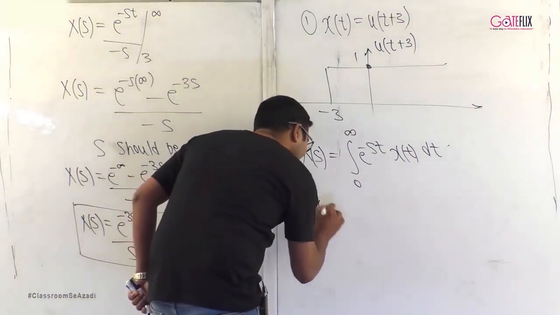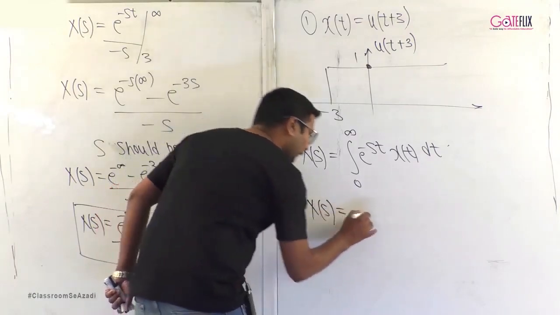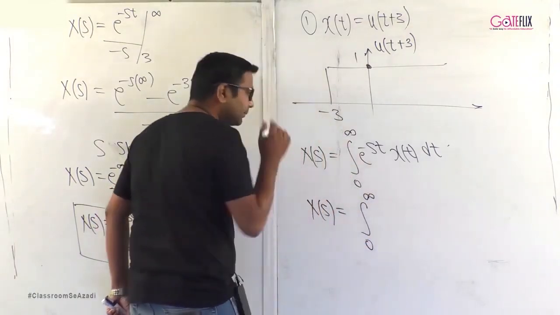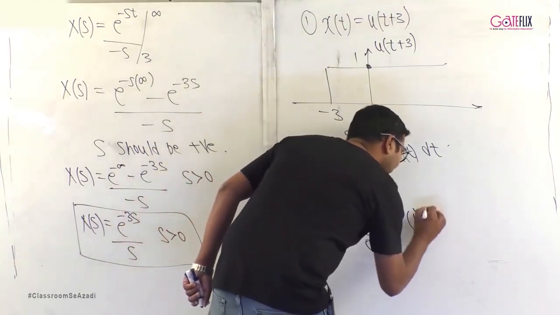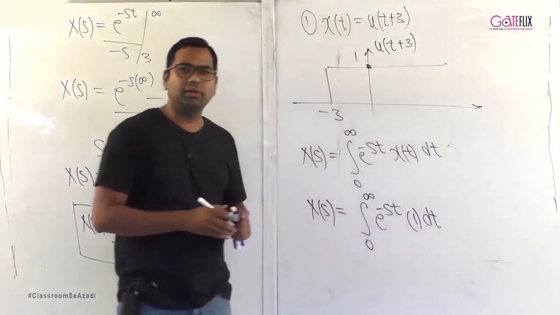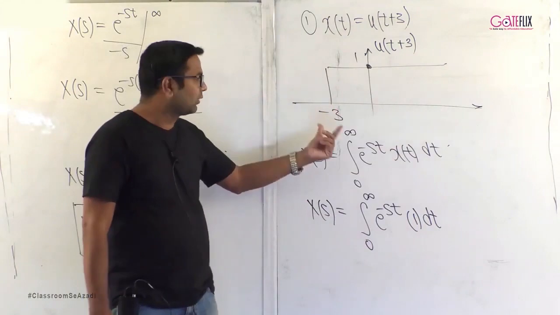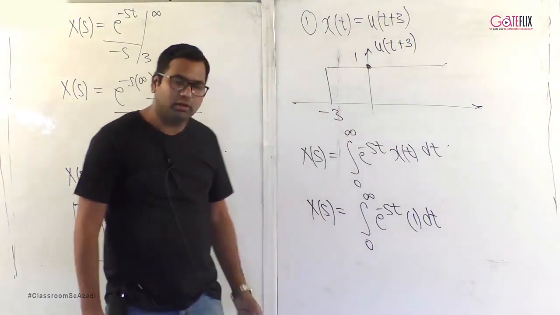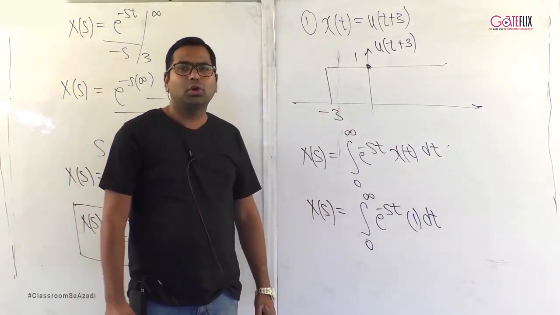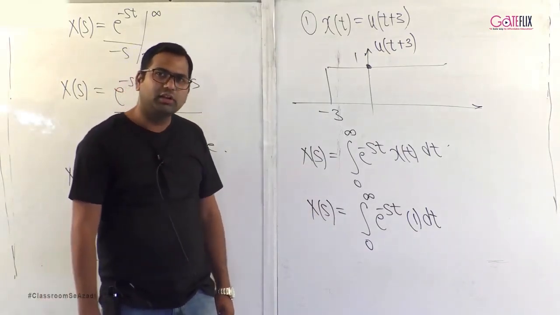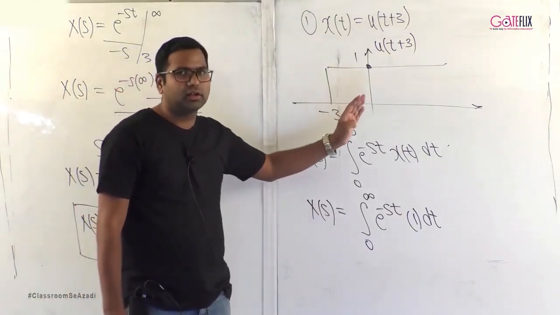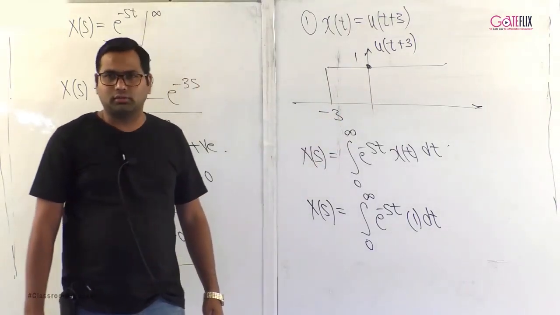Therefore, capital X of s is the integration 0 to infinity of e raised to minus st into 1 into dt. Please note that the signal is going from minus 3 to infinity, but the integration is performed only from 0 to infinity. Why is this happening? Because in unilateral we do not consider the negative side of the signal.